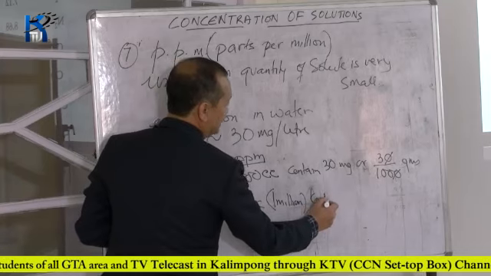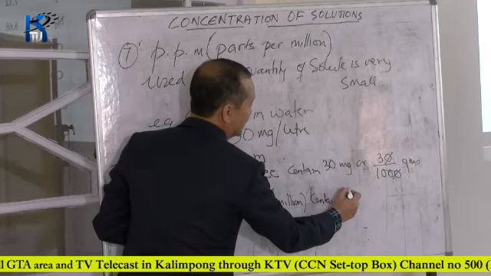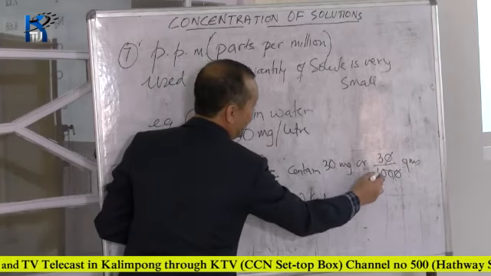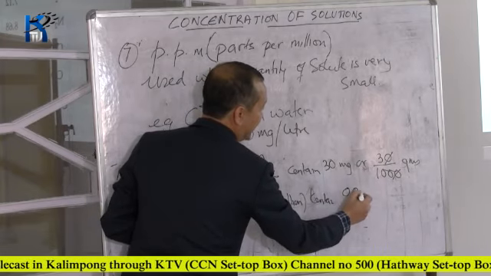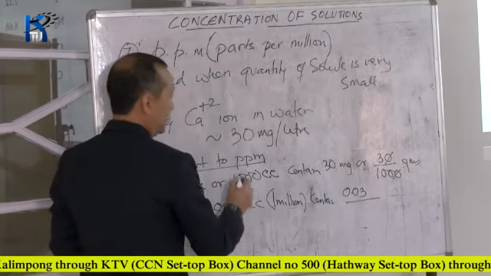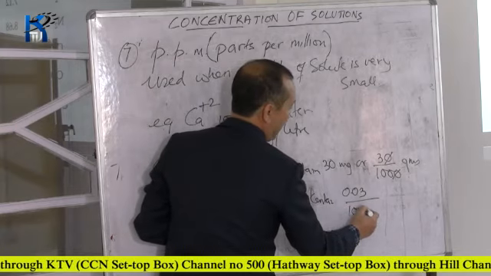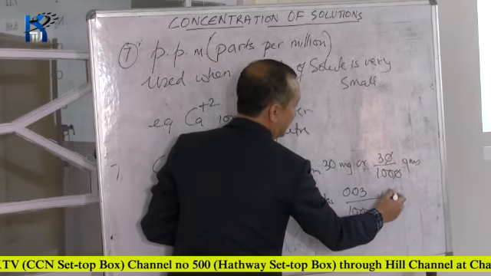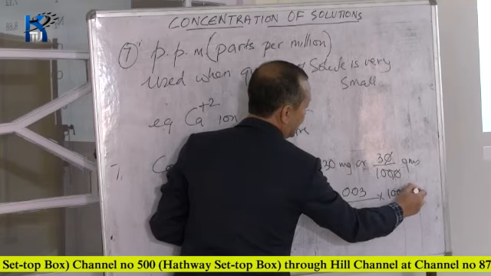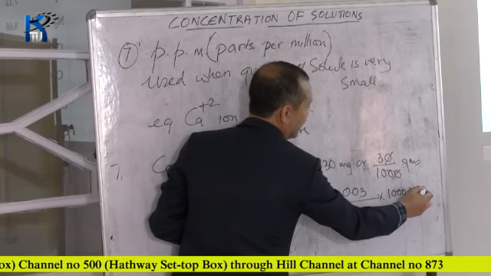contains, this is 0.03 divided by 1000 into 1 million. Okay.